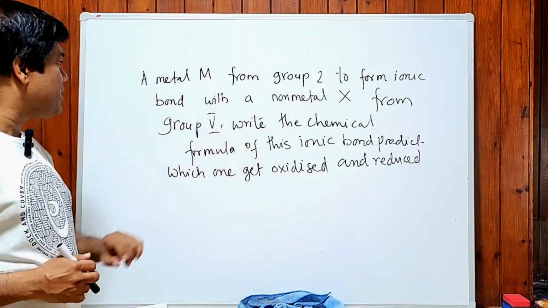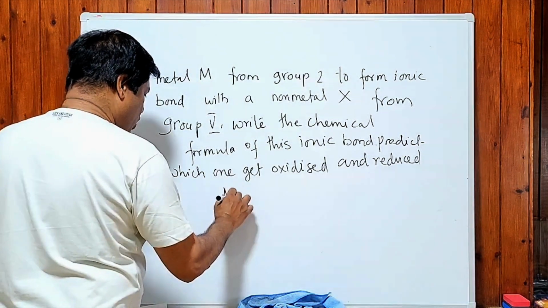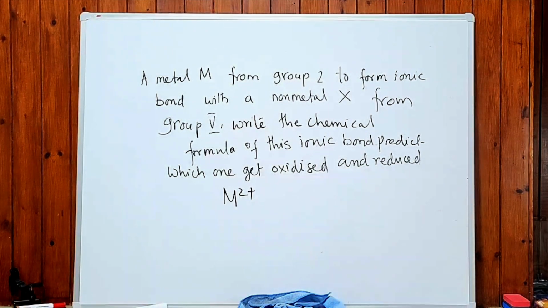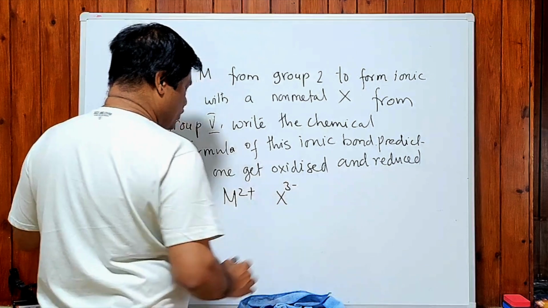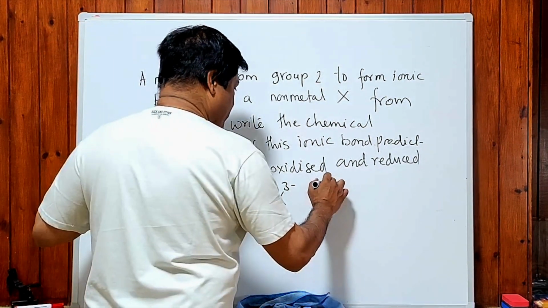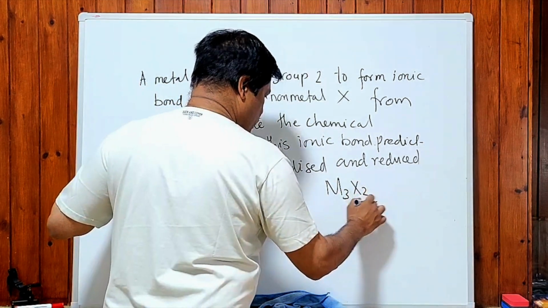So M is the metal from group 2. Group 2 means M loses 2 electrons. And X is the non-metal from group 5. X gains 3 electrons. So what's the chemical formula? M3X2.